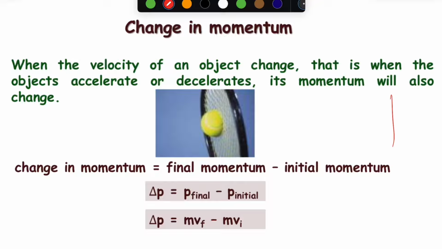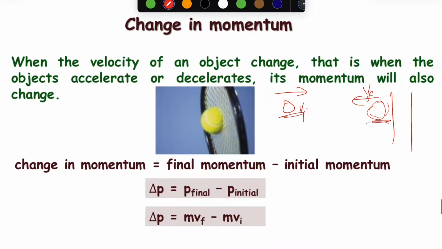This is the wall, and then you throw a ball. That velocity will be the initial velocity. When it hits the wall and goes back with a different velocity, that's the final velocity. So there's a change in these velocities. The collision of the ball with the wall changes its velocity and its direction as well. So once there's a change in velocity, there's a change in momentum, right?